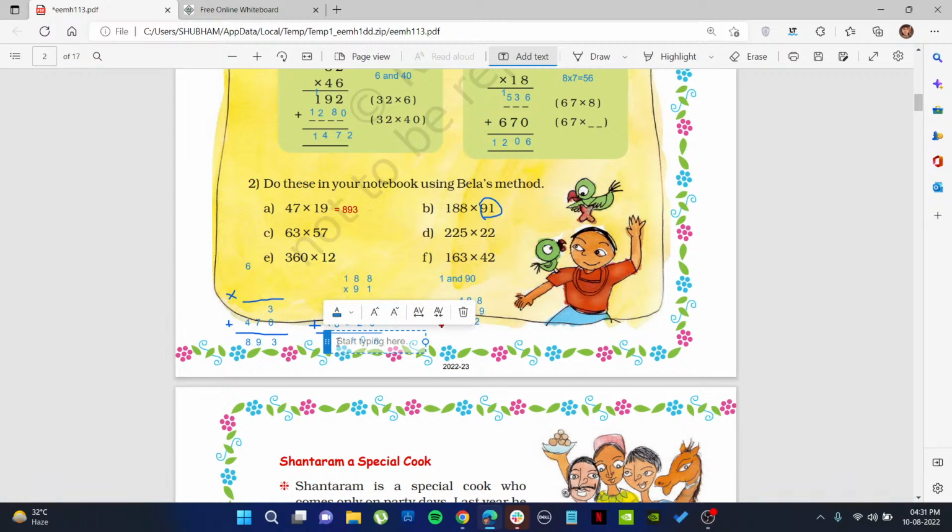So let's write down 7 here. And 1 add nothing gives us 1. So our final answer for this question is 17,108. So let's write down our final answer here just after B. 17,108 is the answer for question B.